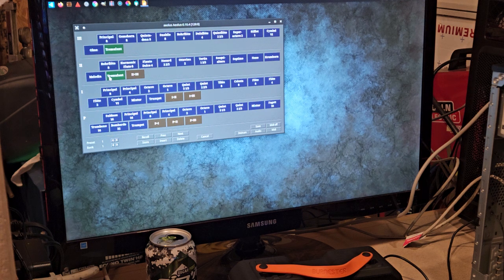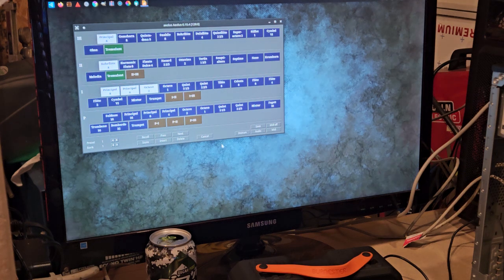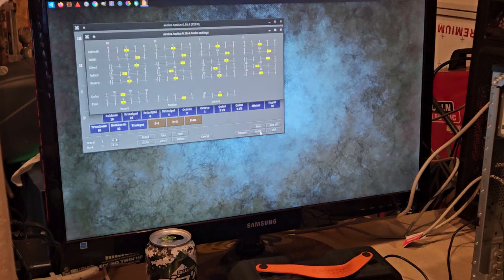What in the hell do we have here? Yeah, I don't know what this is.